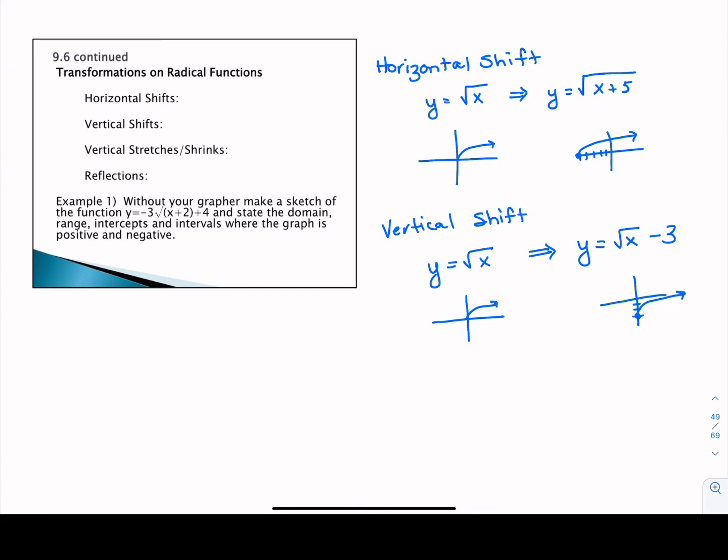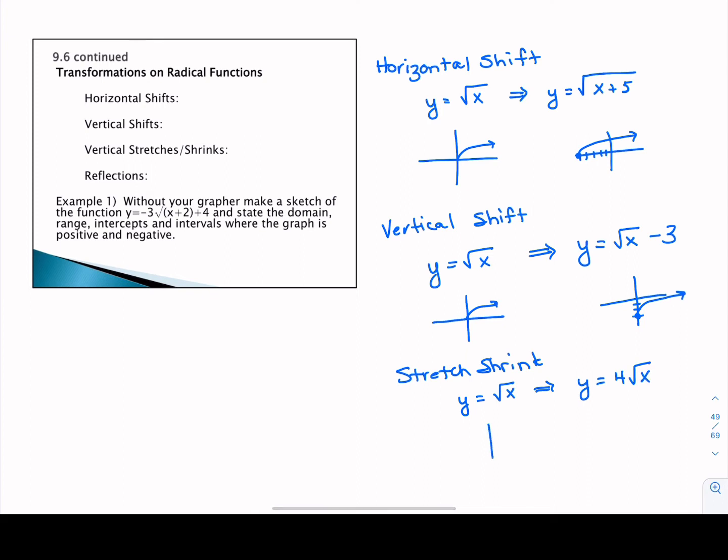It's just been relocated. Next, I guess, we've got a vertical stretch or shrink. We'll just call these a stretch or shrink. They are vertical stretches or shrinks. But if you have something like y equals the square root of x, and all of a sudden we multiply that radical by some other number, so let's say that becomes y equals 4 times the square root of x, that's going to cause a much steeper increase.